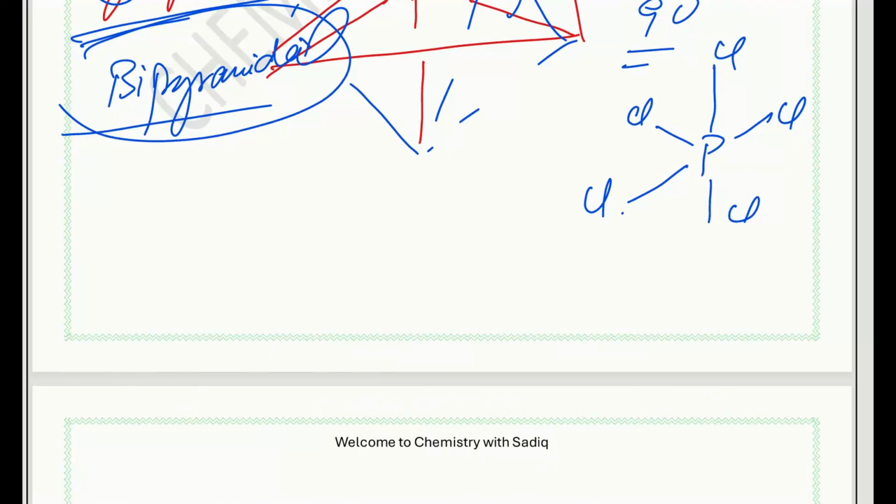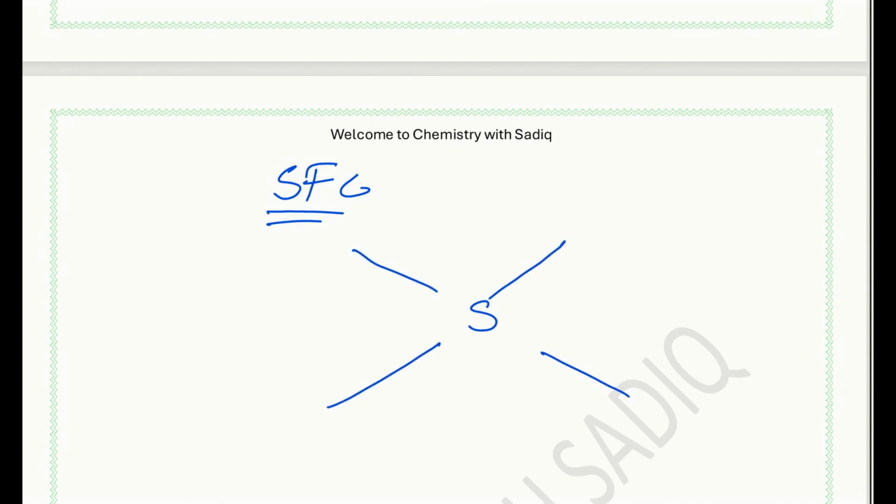Moving from trigonal based bipyramidal shape, we have an introduction of another pair to it, which is SF6. Now in this shape, S is in the center. You have a square based bipyramidal shape, 1, 2, 3, and 4. It's called square based bipyramidal shape.